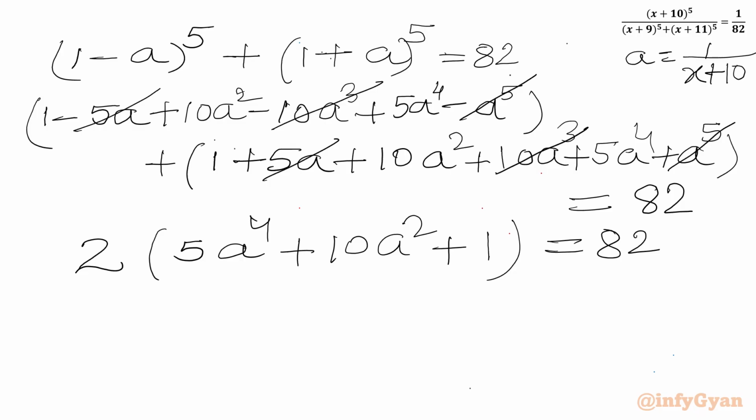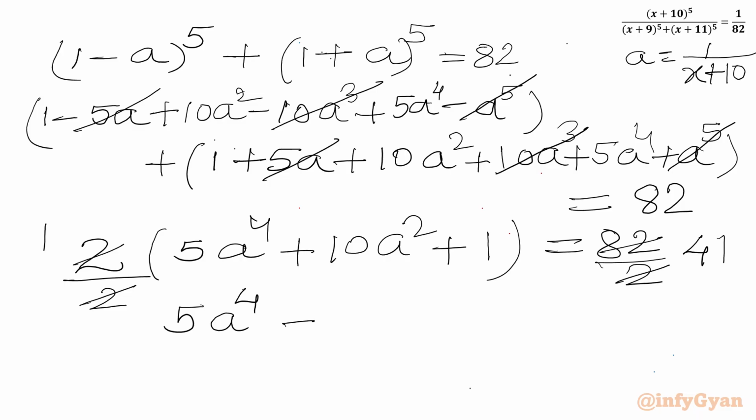Now we can divide both sides by 2. Here we will get 1, and in RHS we will get 41. So our ultimate equation would be 5a^4 + 10a^2 + 1 equal to 41.